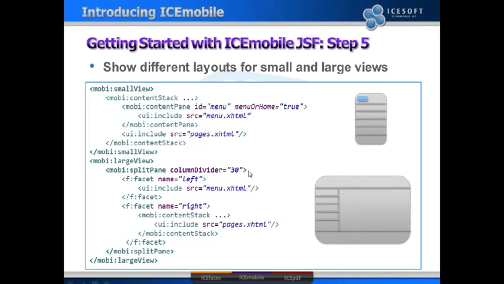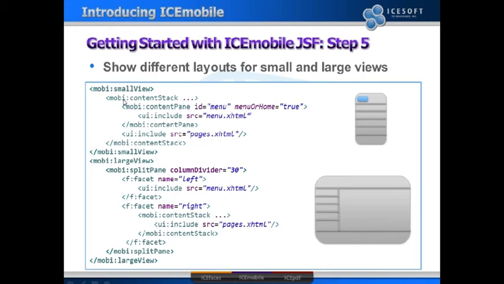Well, what I like to do typically is show a condensed view for a phone, such as a menu-based layout like this with a home or menu button on the top, allowing you with the content stack to switch panes as a user clicks on a particular menu item. But you don't want to show that view for tablet or desktop users. So for that, we can use the ICEmobile split pane with the menu on the side, still using the page panel with the header and the footer at the bottom, but then we can have the content always shown here on the right-hand side.